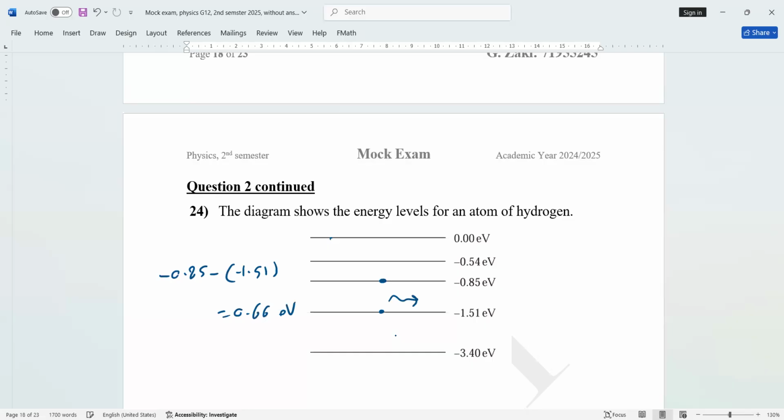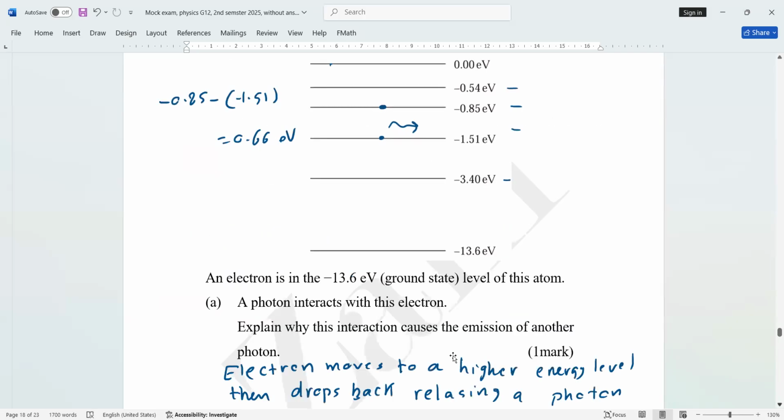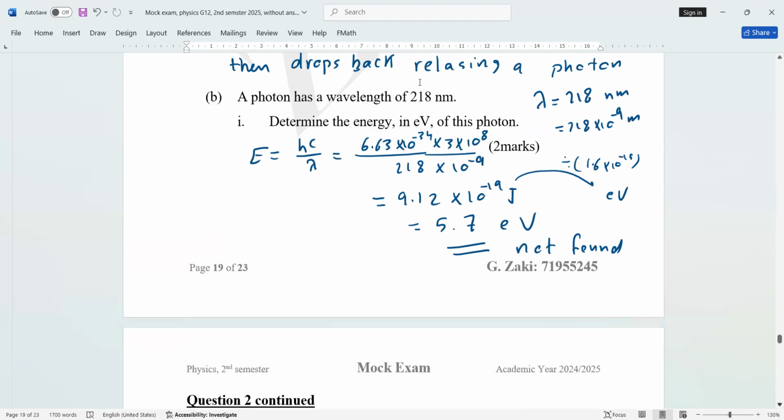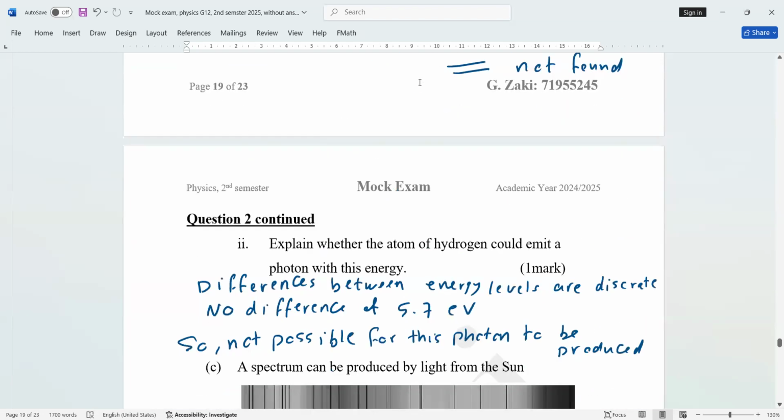You will not get the value 5.7 electron volt from the difference between any two levels. Not found. So this photon cannot be emitted, because we cannot get this value from the difference between any two levels. Okay? If you subtract any two levels, you will not get this value. Differences between energy levels are discrete, no difference of 5.7, so it is not possible for this photon to be produced.